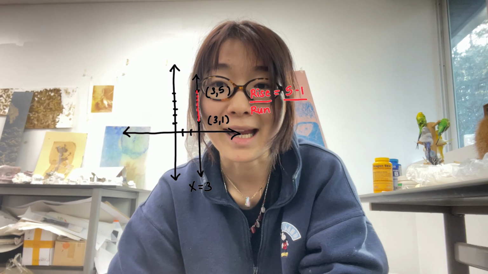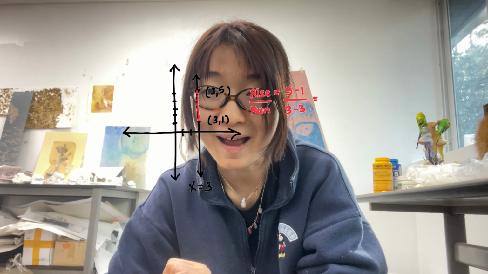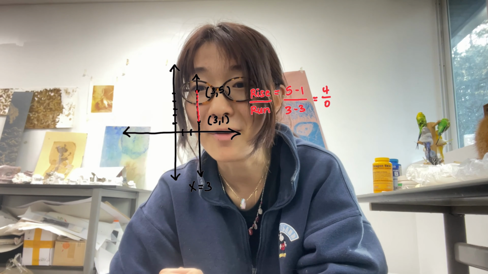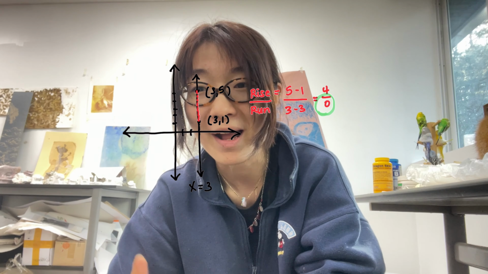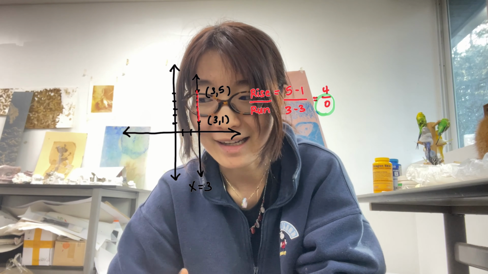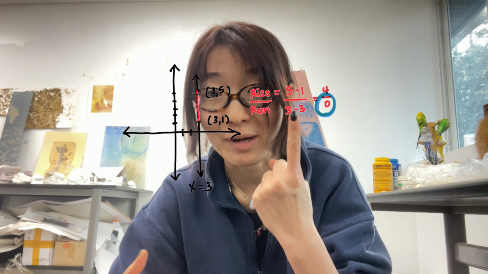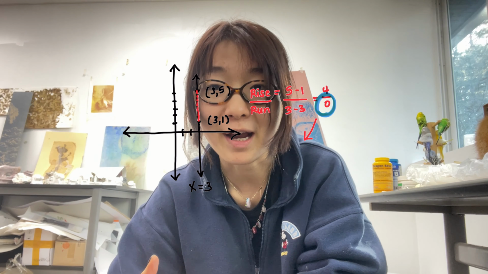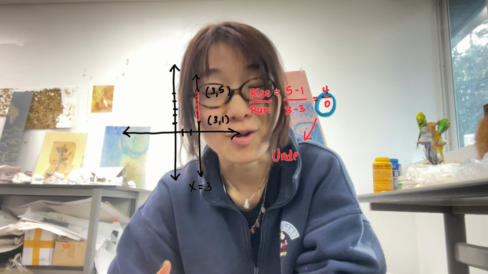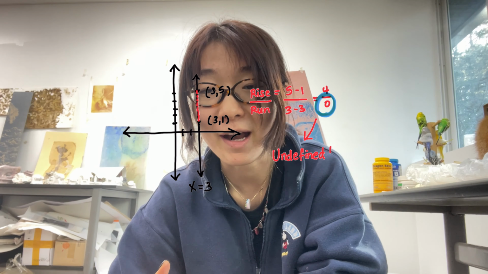And we can get into it next time, but essentially the reason why we can't divide a number by 0 is because, think about it, let's say you have 1 divided by 1. What you end up getting is 1. What about 1 divided by 0.1? You get 10. What about 1 divided by 0.01? You get 100. Then what if 1 divided by 0.00001? Then what you would end up getting is 100000, right?